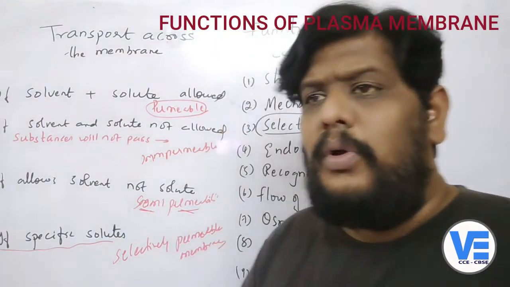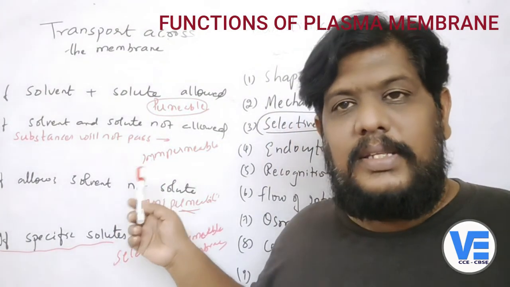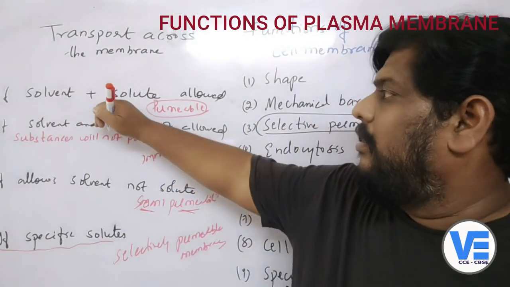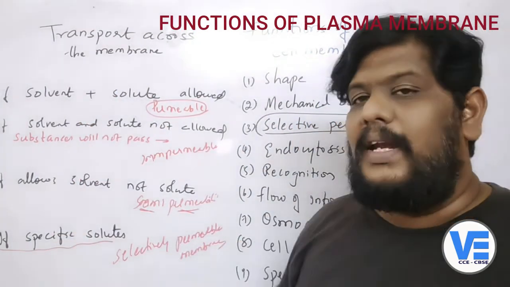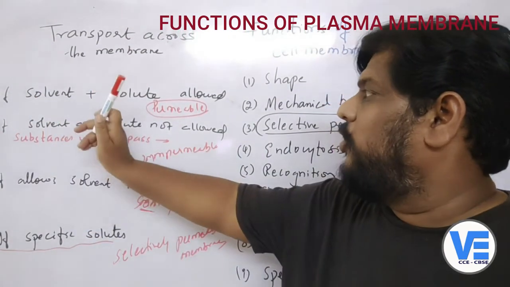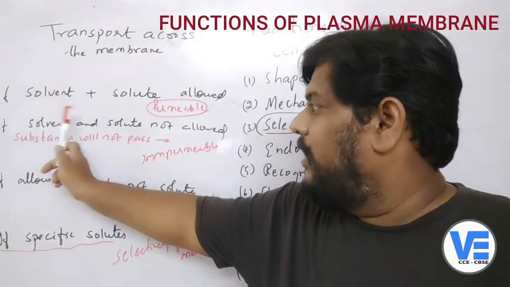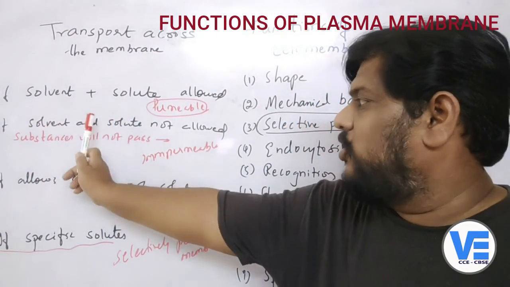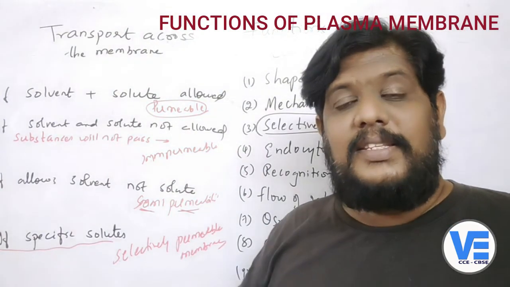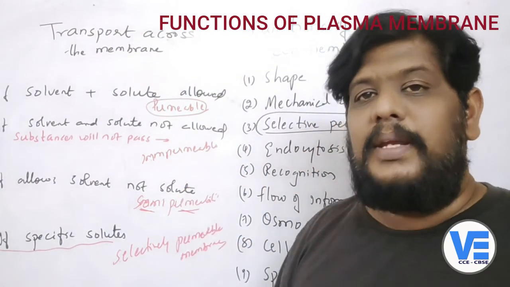So this is how we can divide the cell membrane into four different kinds based on its actions. The first one, if it allows the solvent and solute to enter, we call it permeable. If the solute and the solvent, or any other substances, are not allowed to pass through, then it is called impermeable.